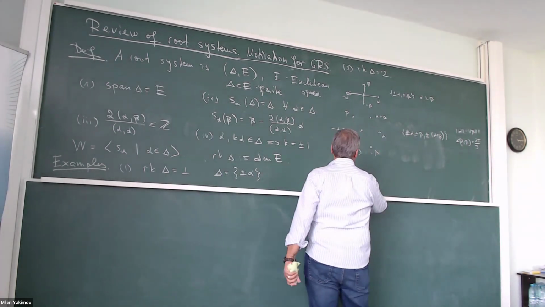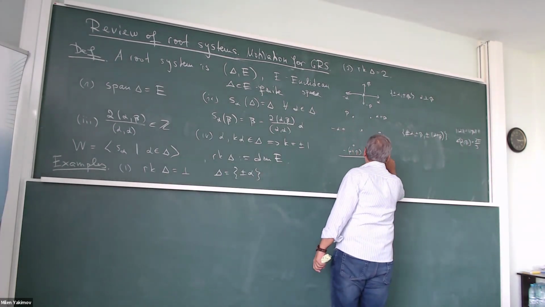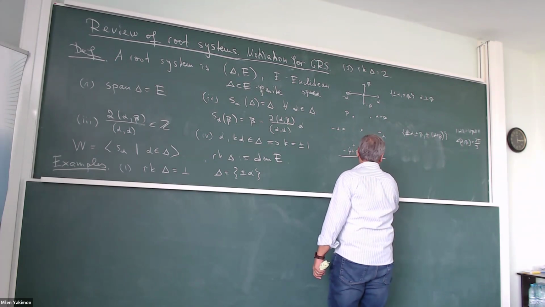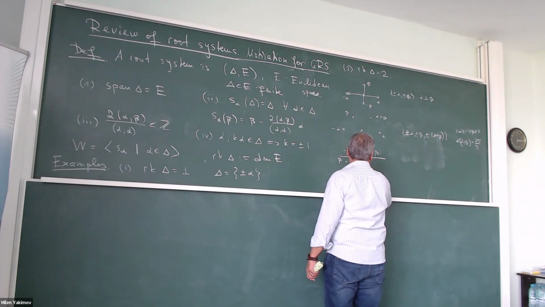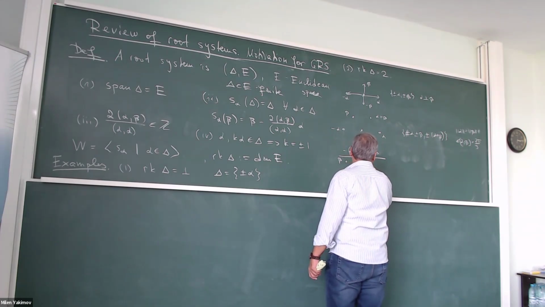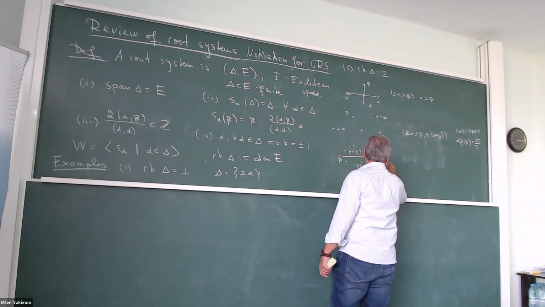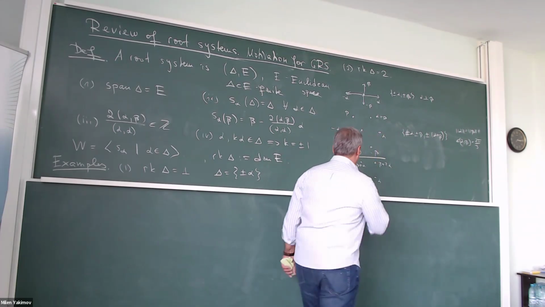The third case is I could have alpha, beta, beta plus alpha, beta plus 2 alpha, and the opposites.